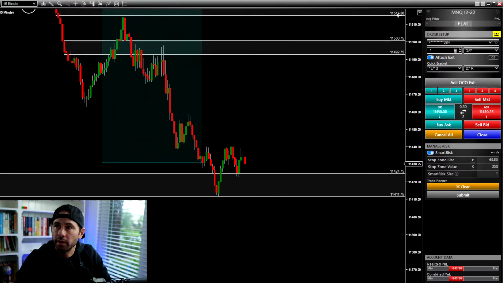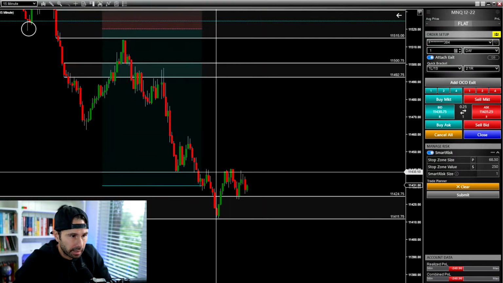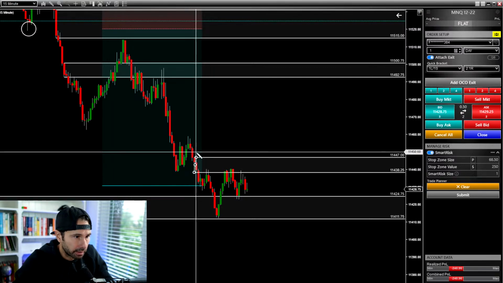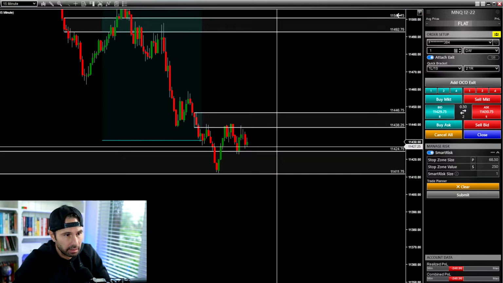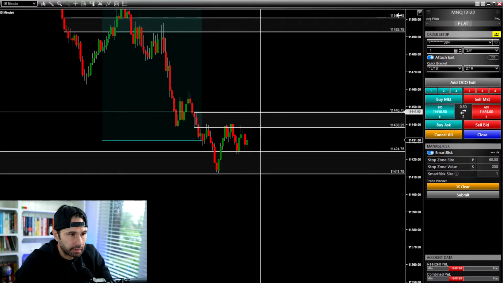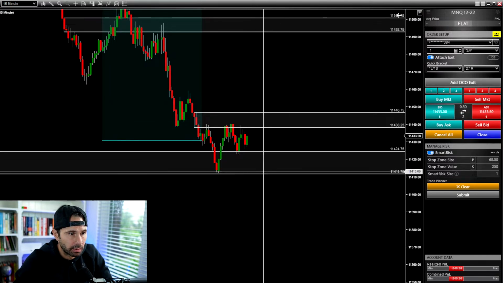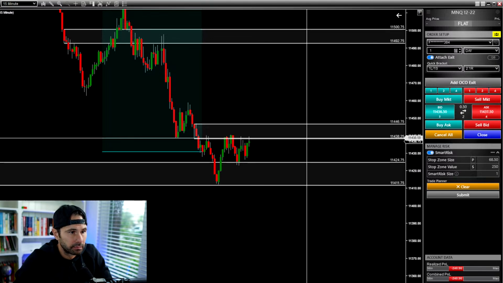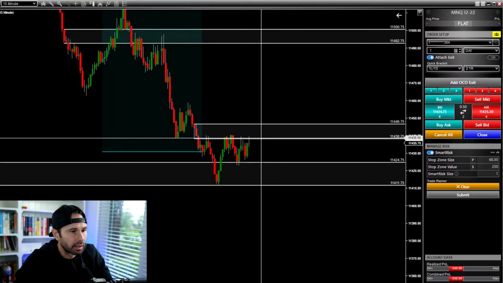All right, so here are a few things that I could do, right? If I engage right here, so this is a supply that was just created, I need to be aware of this level, okay? The tick chart is not very good for this level.